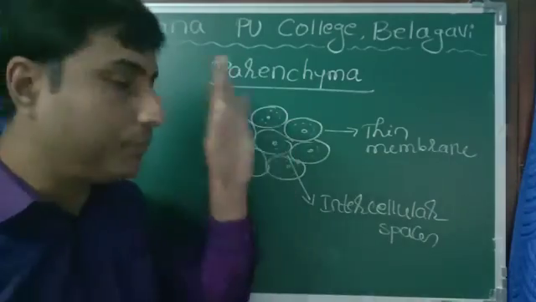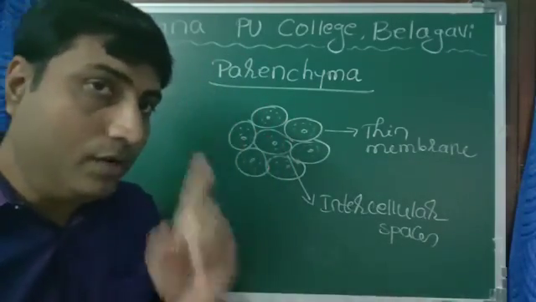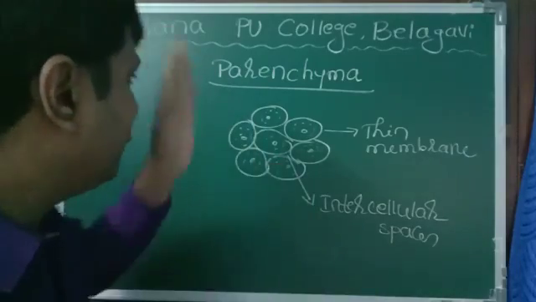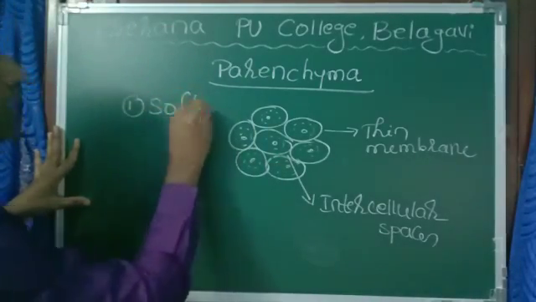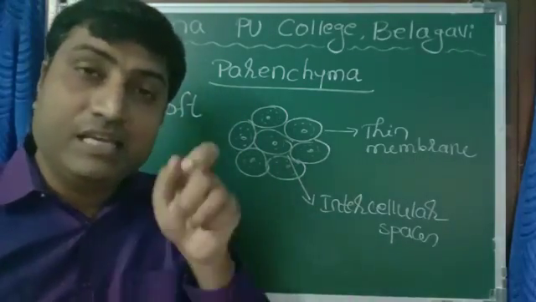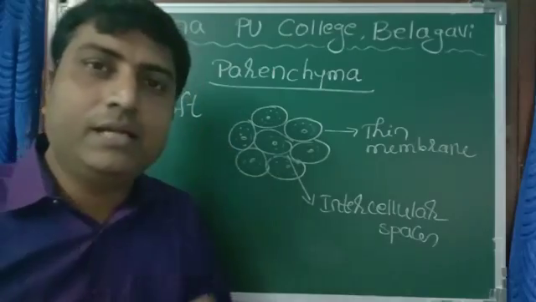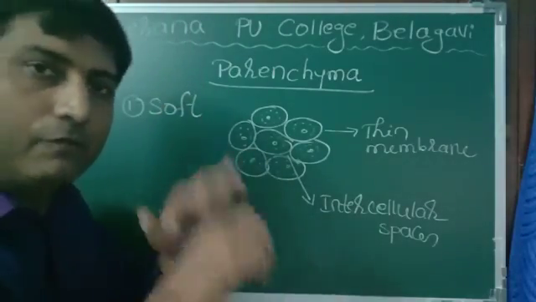Third point, generally they are found in the soft part of the plant body, like leaf, young stem, seed, fruit.